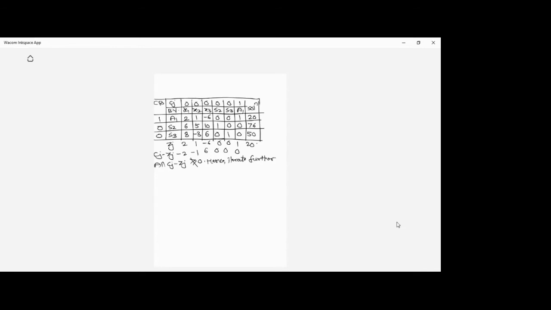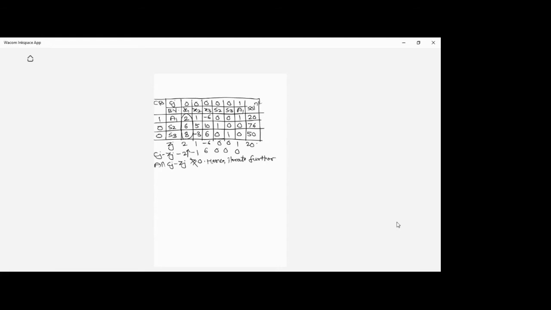The key column is identified in a minimization problem by the largest value with a negative sign in cj minus zj. The largest value with a negative sign is minus 2, right? So this will act as the key column.